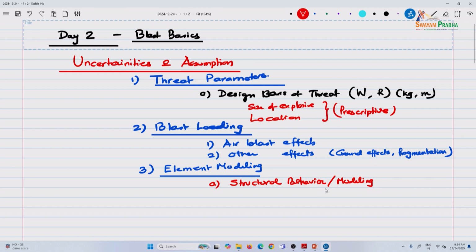So here it comes in terms of analysis methods, and whether you want to use the single degree of freedom systems or you want to use multi degree of freedom systems based on finite element methods.